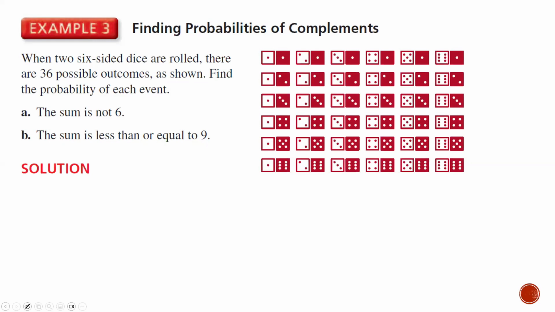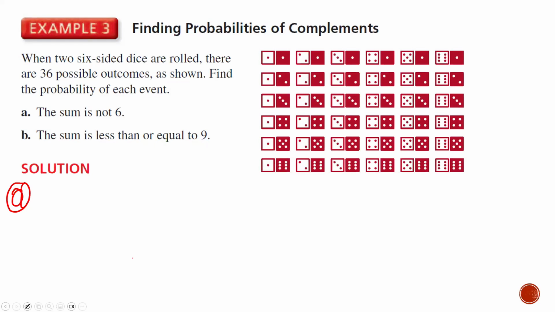Notice that the dice, even if they are the same color, are 2 separate physical dice. So getting a 5 on the first die and 6 on the second is different than getting 6 on the first die and 5 on the second. If I wanted to calculate the probability that the sum is not 6, it would take a little while to do directly because there are a lot of ways that can happen.